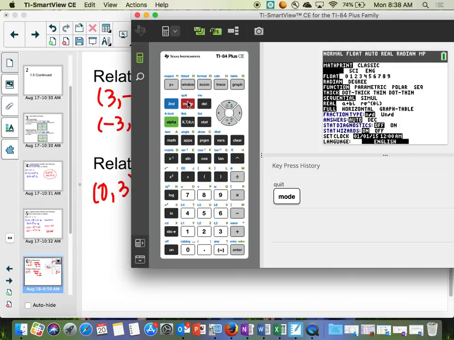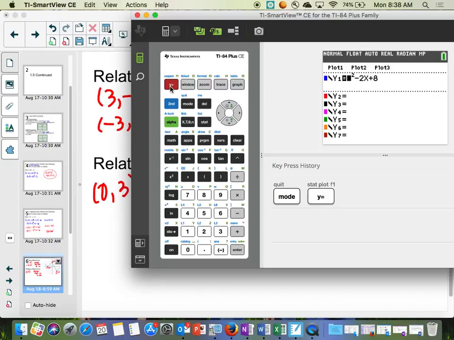Okay, fair enough. All right, now I want everybody to hit y equals, and you get a bunch of y equals. Please look up here. Do you see where it says plot 1, plot 2, plot 3?